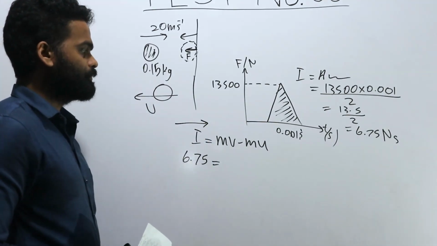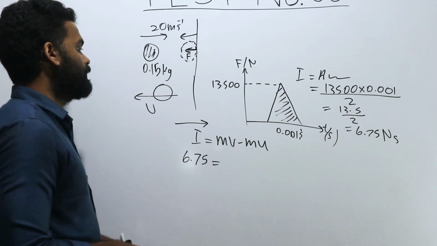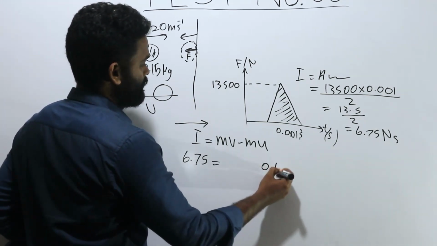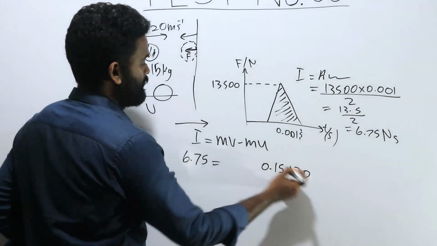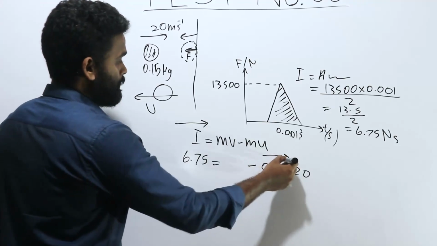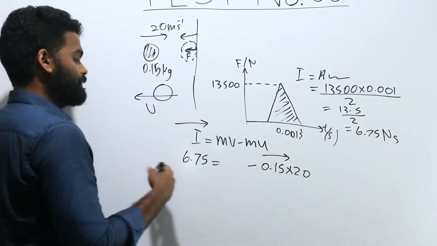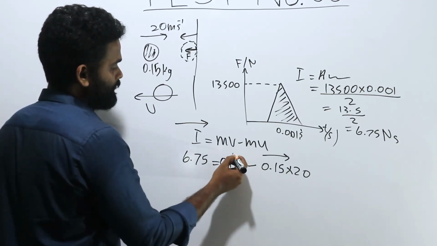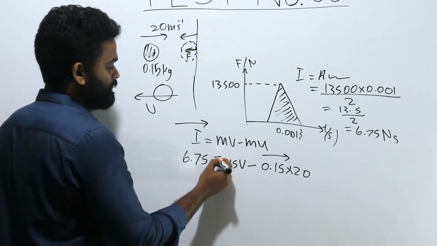That is 6.75. The initial momentum is 0.15 times 20, in this direction. Then the final momentum is to the opposite side, 0.15 times v, and to the opposite side let's say that is minus.